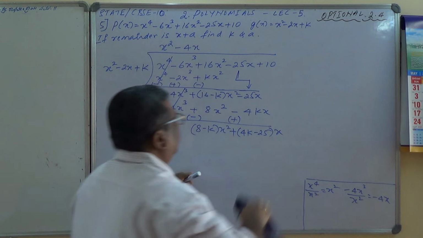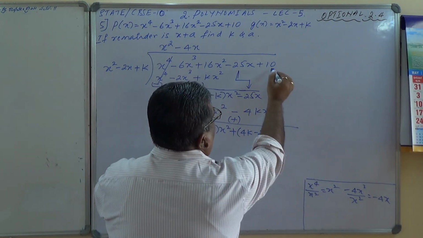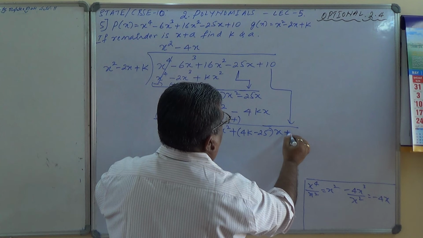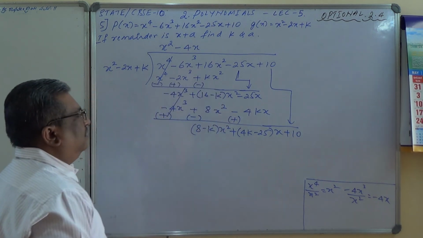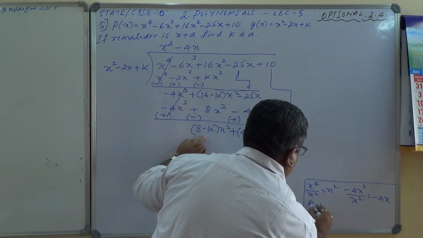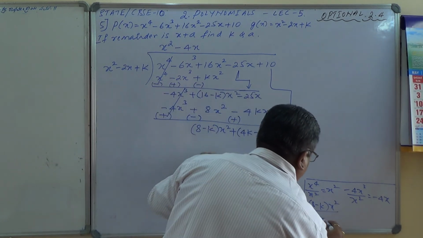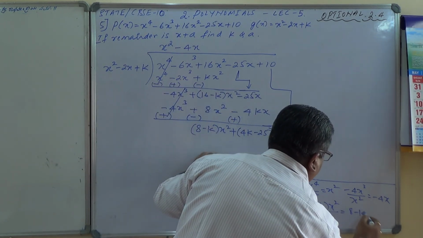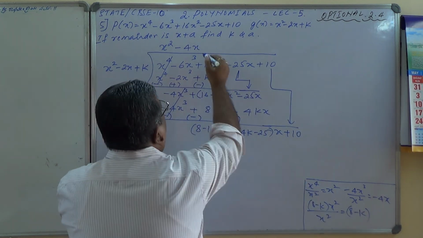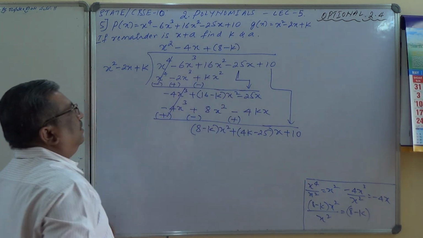Okay, now you pull down the constant here, plus 10. Next, 8 minus k x square divided by x square, which I'll get 8 minus k. So plus 8 minus k.